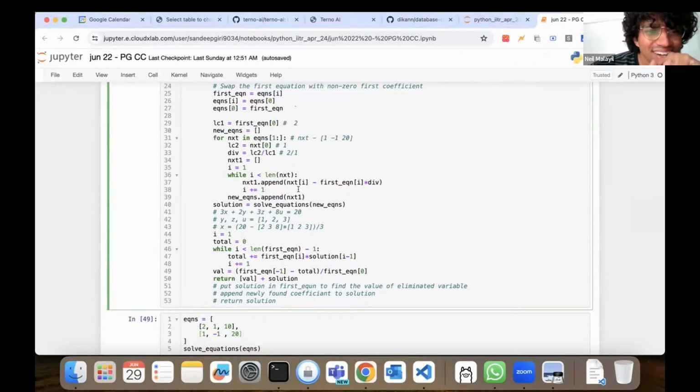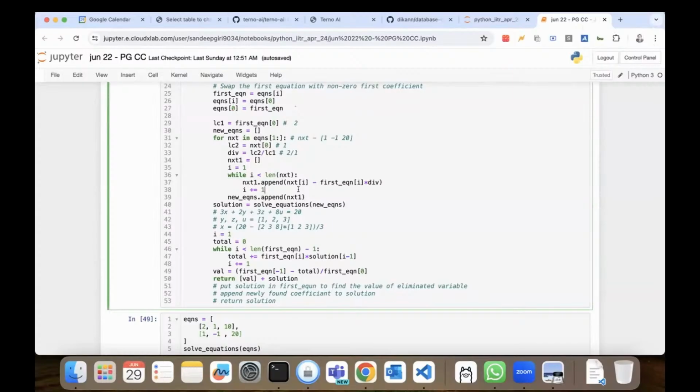So Sandeep, just to understand the flow, let's say from line 31, first it goes through the second equation, and it finds what could be divisible. Then you do the multiplication, like you said, and subtract it, and that gets appended. Then the third equation, it does the same, since it starts from line 31 again.